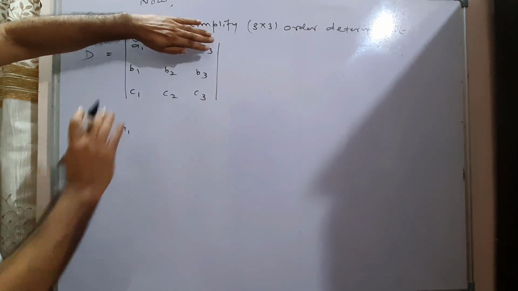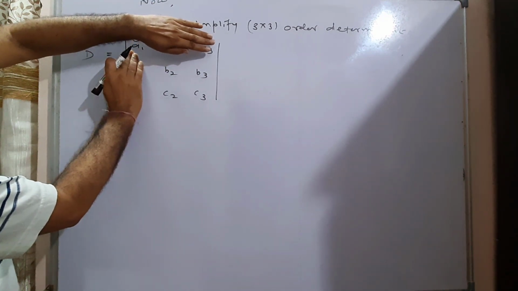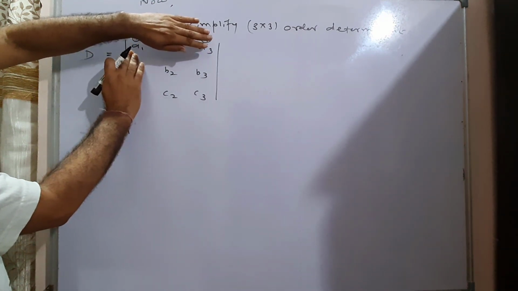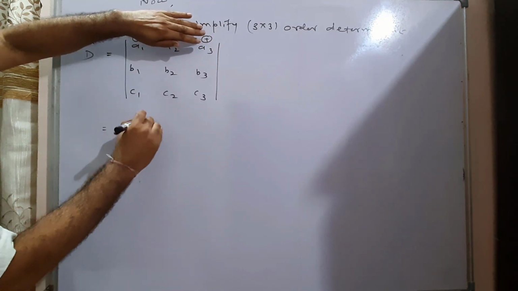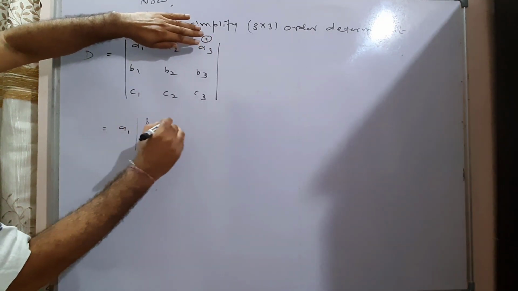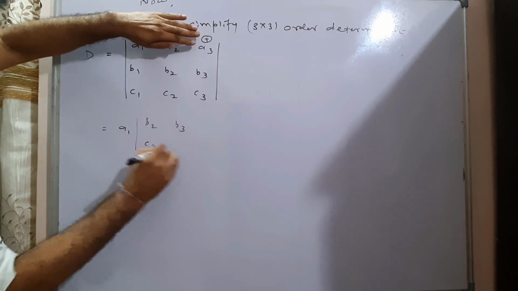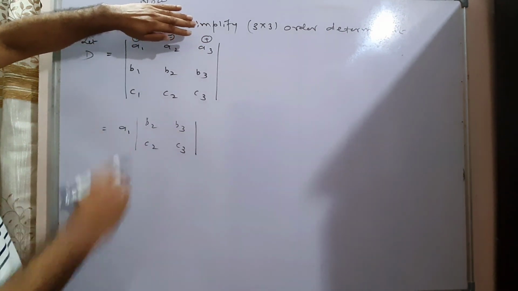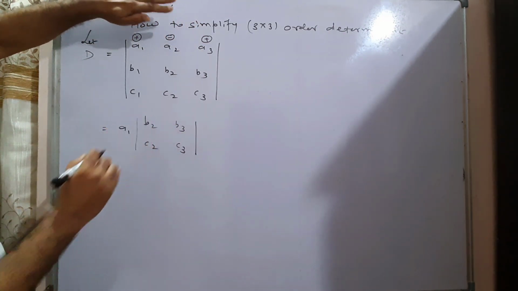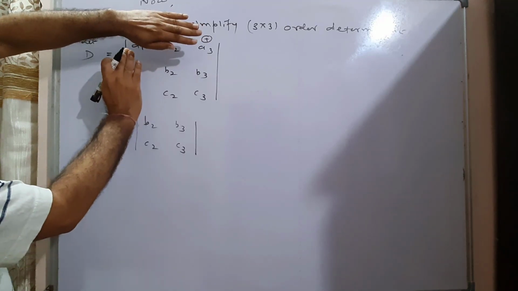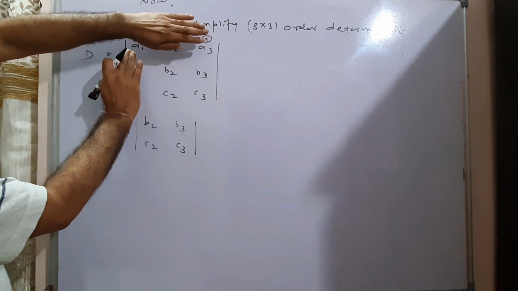That means you drop this row and this column, and you just write down the remaining elements in the form of a determinant. So that is B2, B3, C2, C3. Like this way, you keep your hand like this and just see.